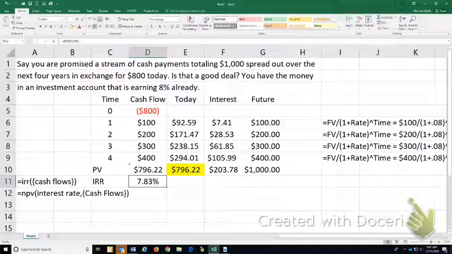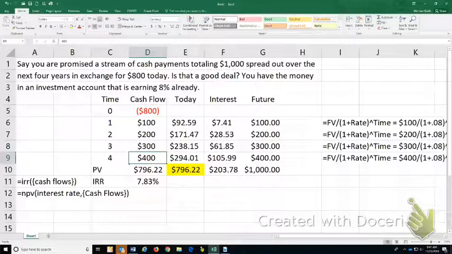The new delivery truck will cost $800,000, and it'll generate cash flows of $100,000 the first year, $200,000 the second year, $300,000 the third, and $400,000 the fourth year. Is that earning? If we have to pay 10% to borrow money, and this is only earning 7.83, well, that'd be a bad deal.